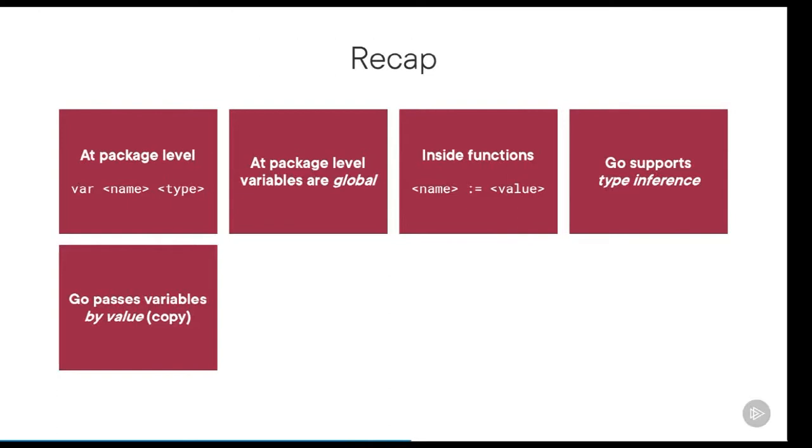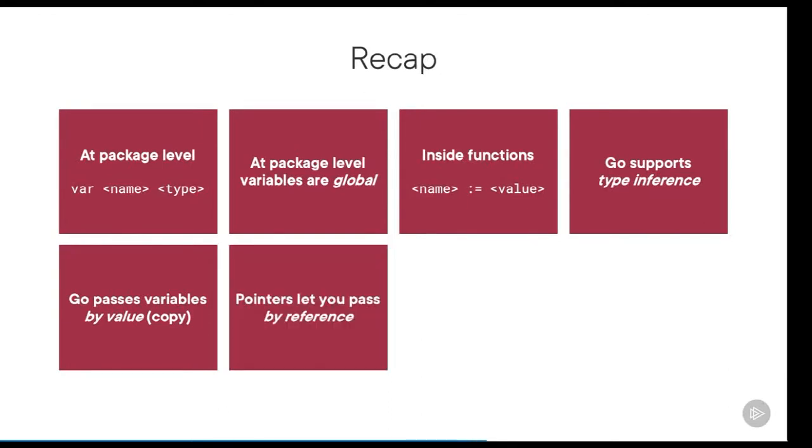So instead of passing the actual variable itself, Go creates a copy with the exact same value as the original, and it passes the copy to the function. But that's not always what we want, so we looked at pointer variables. And these are how we can force a function to work on the original variable instead of a copy, and we call that passing by reference this time rather than by value.